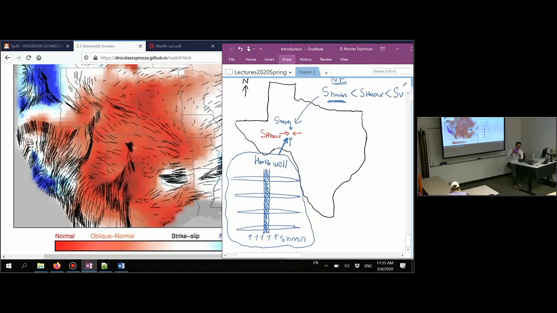So if I keep inflating the balloon, the walls that are going to move are the ones with the lowest stress. And in this case, that's going to be, as I was saying in this example, south and north. And it's exactly the same here in the subsurface.